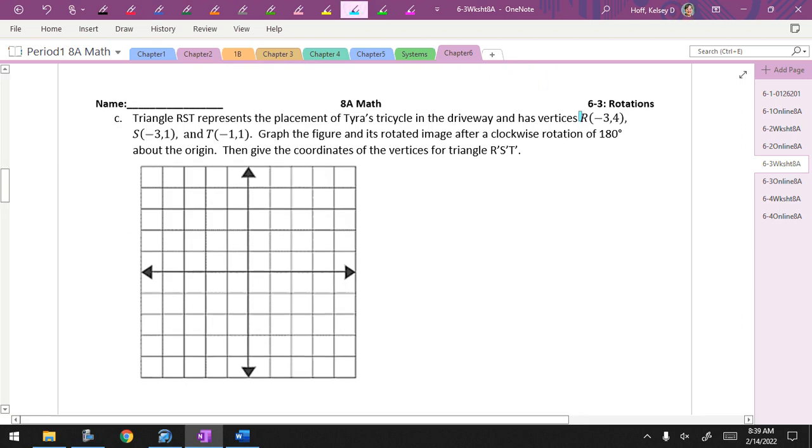On your own, plot R, S, and T. Don't worry about rotating it yet. On your own, plot those points. Make sure you label them.